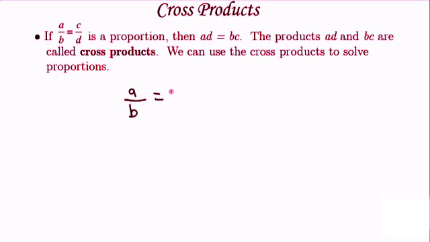Looking at the proportion A over B equals C over D, cross multiplying means that you multiply the denominator of one of the terms times the numerator of the other, and you do the same thing on the other side: the denominator of the right term times the numerator of the left term. That will give A times D equals B times C. This is a quick and easy way to solve many equations involving proportions.